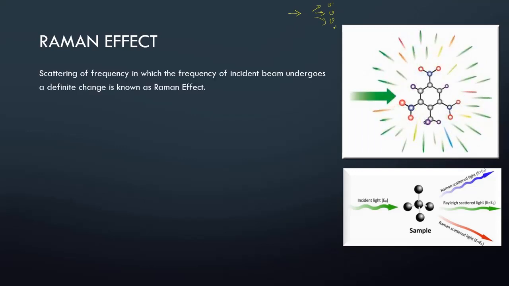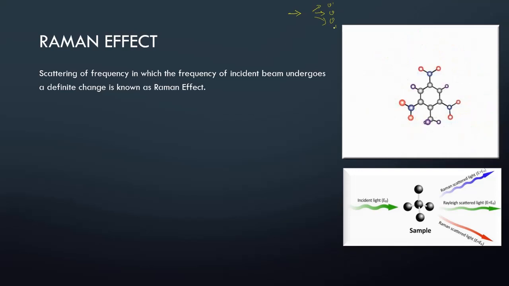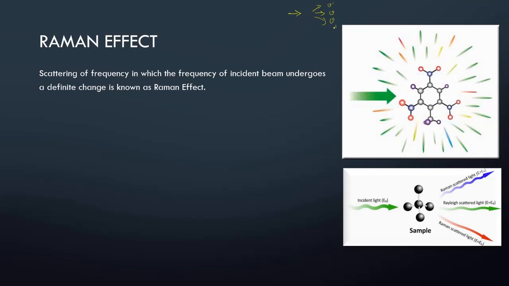The Raman effect is a form of scattering in which the frequency of the incident beam undergoes a definite change, and this was observed by Raman in 1928. This shift in frequency is known as the Raman shift.